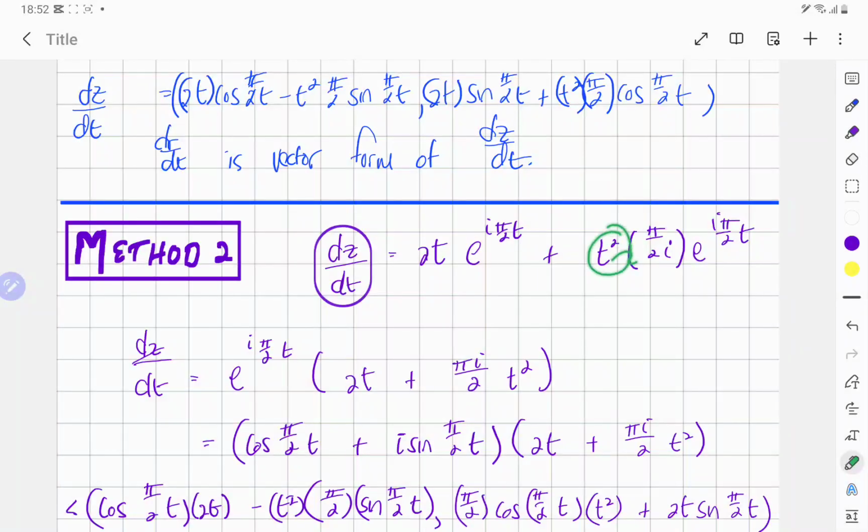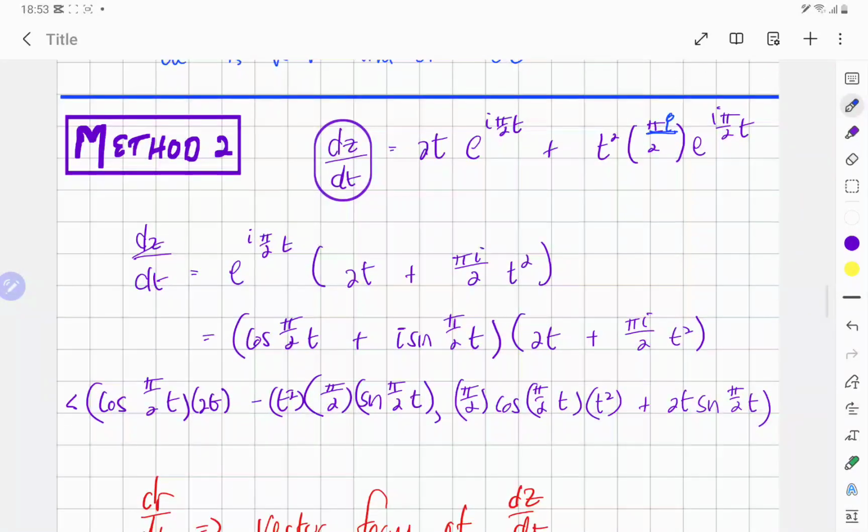Then I keep t squared as is. Now I derive this one, which is i pi over 2 times e to the i pi over 2 t. So maybe rather put your i in the numerator so that you don't get confused there.